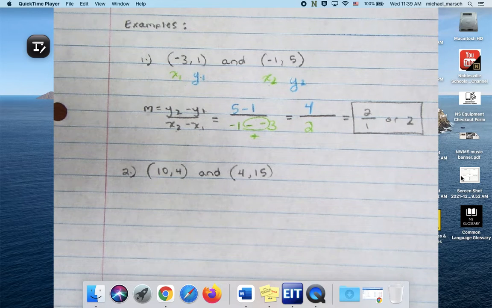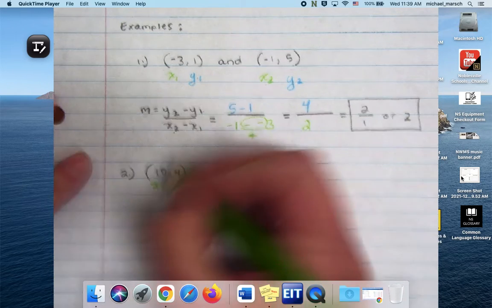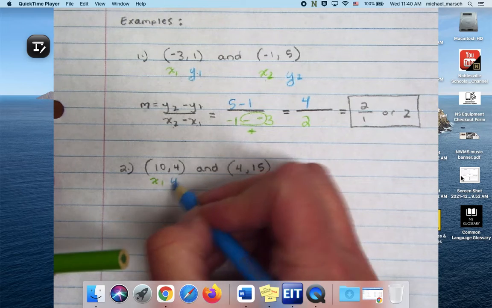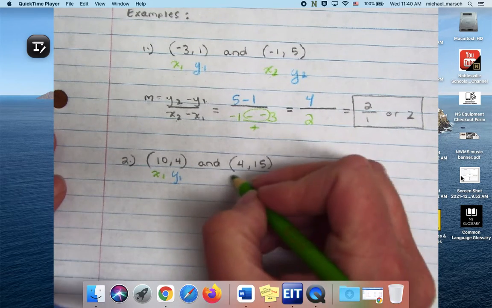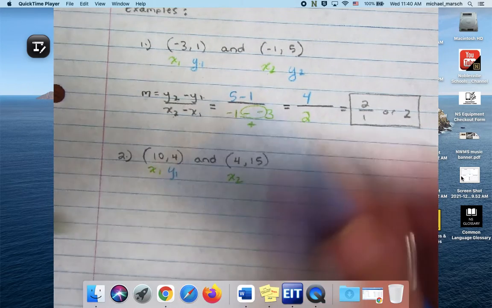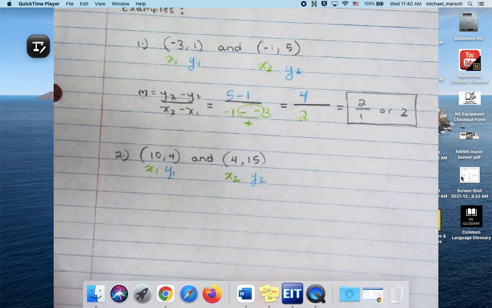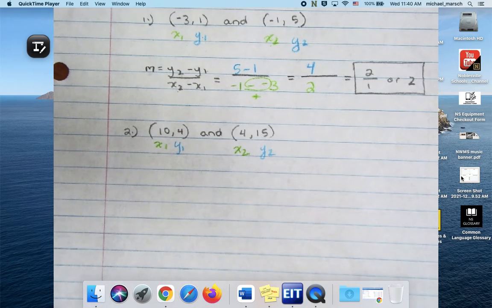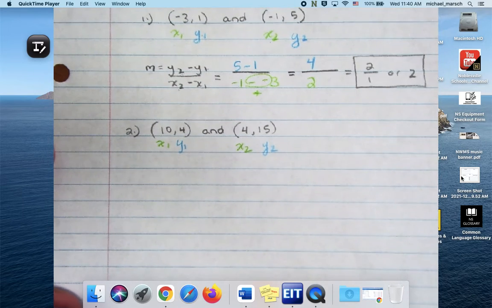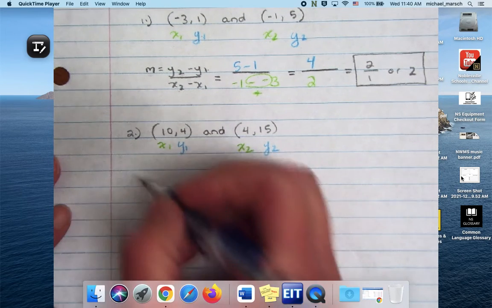I'm going to label x1, y1, x2, y2. Then I'm going to write out the formula again.